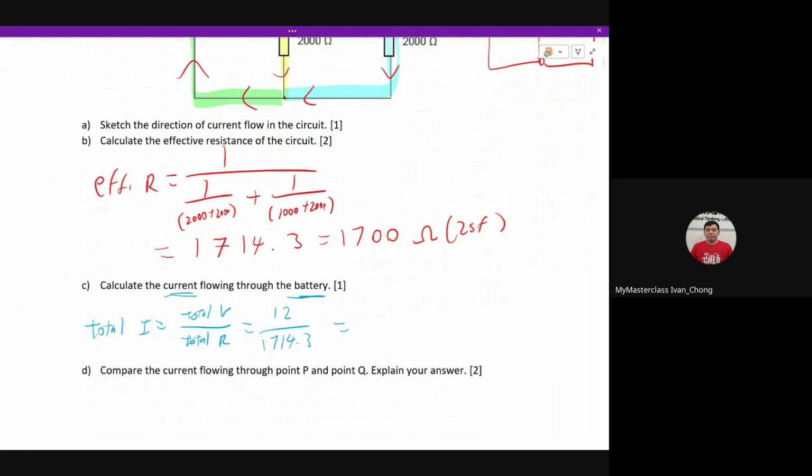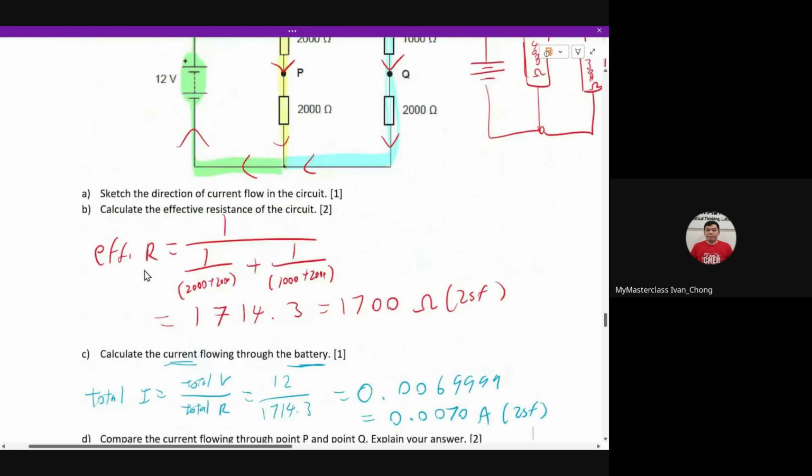So you take 12 divided by 1714.3, and you end up with a very, very small value, 0.0699999. You just round it up, 0.070. Current, 2SF. Let me just double check if the values are correct. Yes.